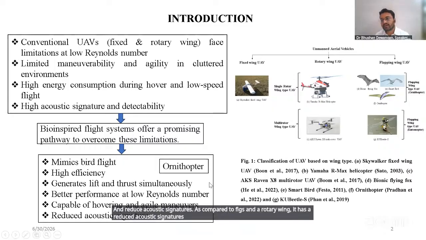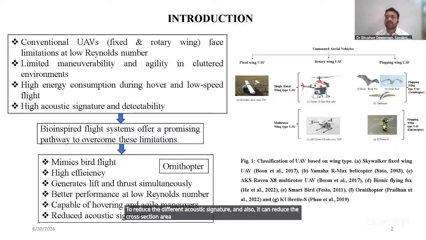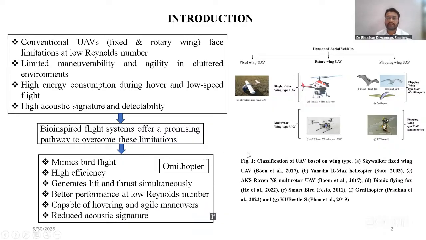Because of this mechanism and its structure, it is very suitable for reducing the acoustic signature, and it can also reduce the cross-section area. These UAVs can be used for multiple applications, military and civil.